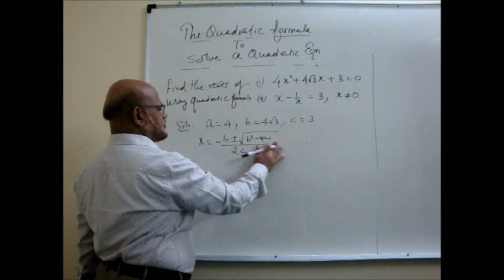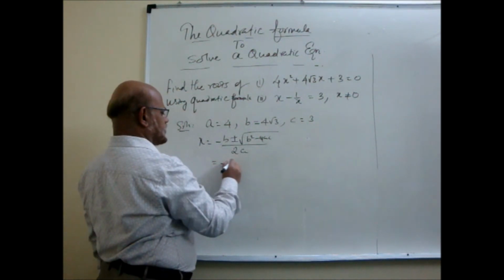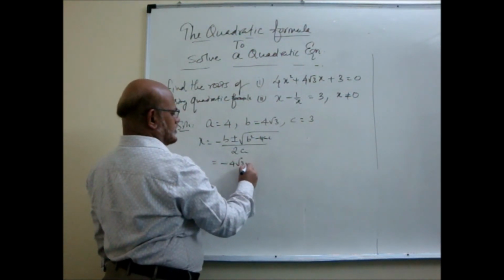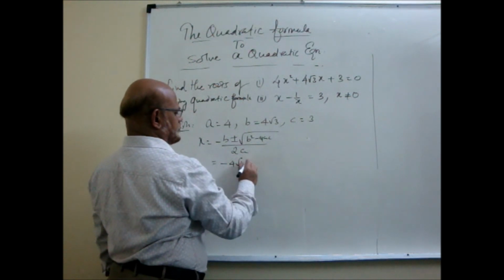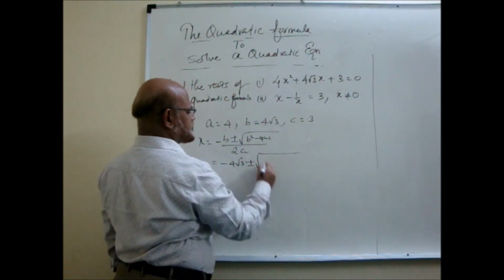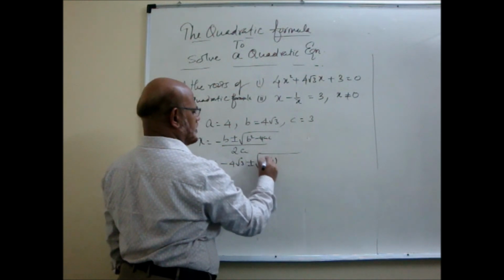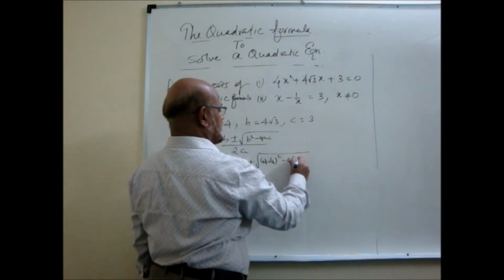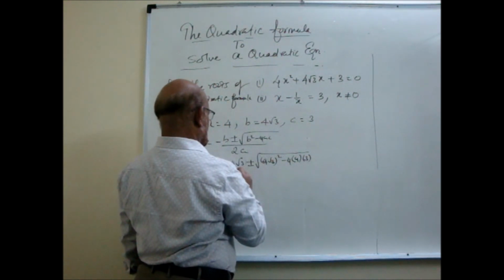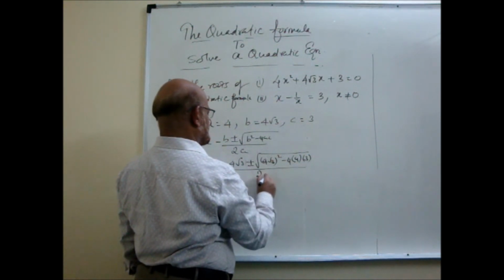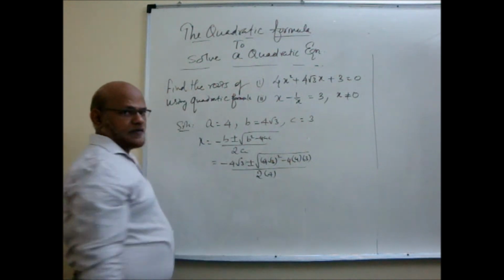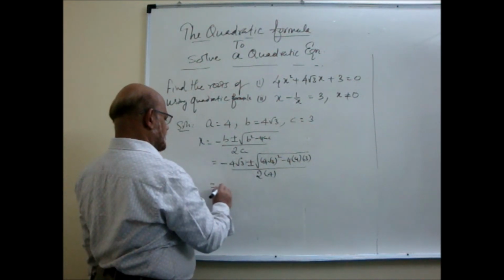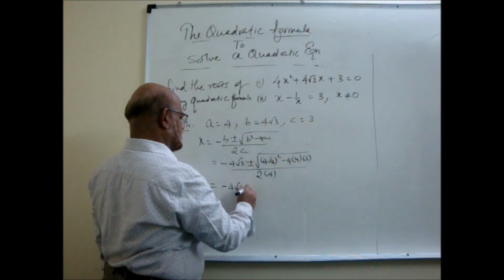So I will substitute now. Minus 4 root 3 plus or minus root of b square, 4 root 3 square, minus 4ac, 4 into 3, by 2a, 2 times 4.